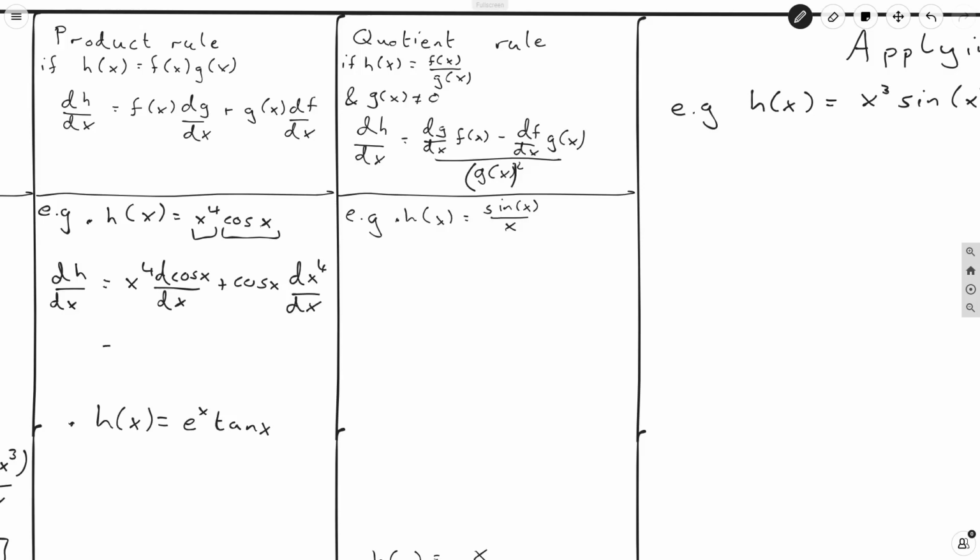And in application, this is going to look like minus x to the 4 sine x plus cosine of x times 4x cubed, but I'll bring the 4x cubed out to the front.